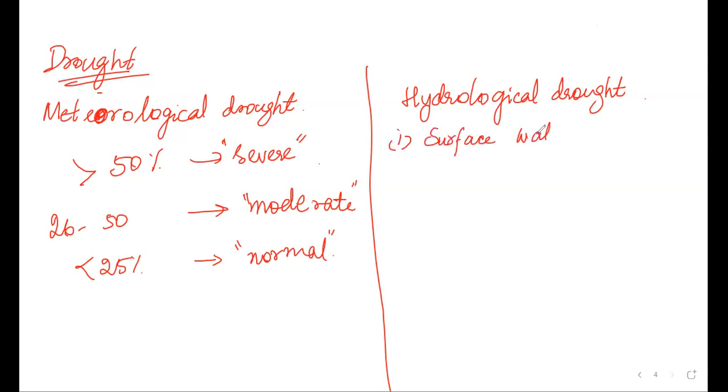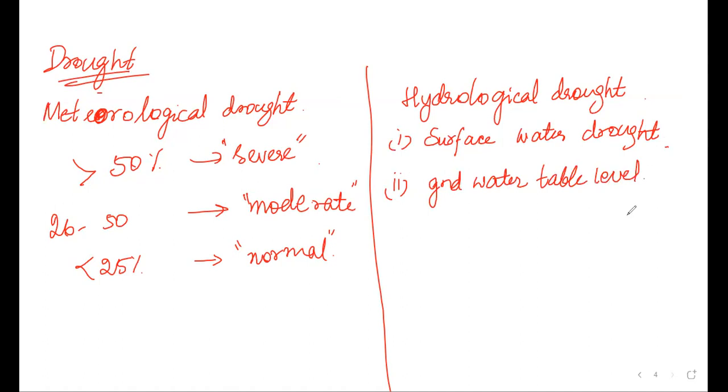The surface water level drops, which we call surface water drought, like river flow or stream flow being very small. That also leads to reduced groundwater table levels, which is called groundwater table drought.